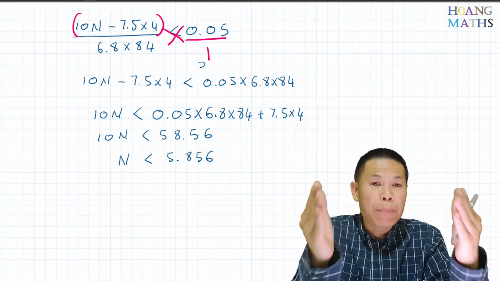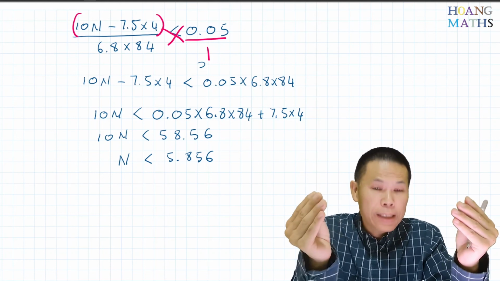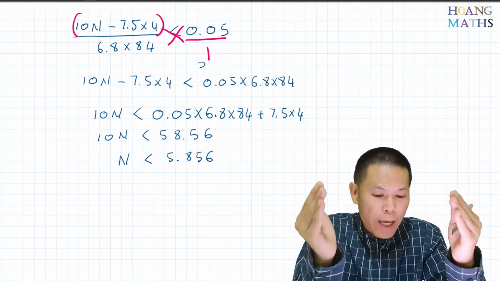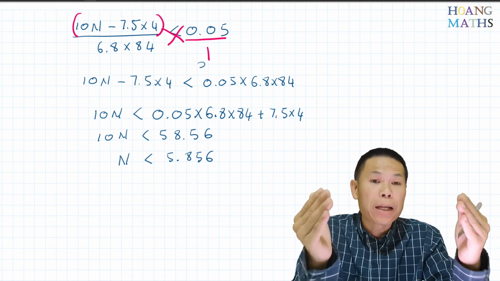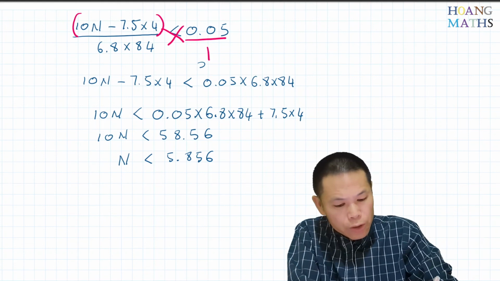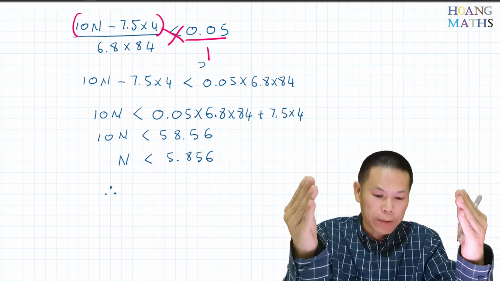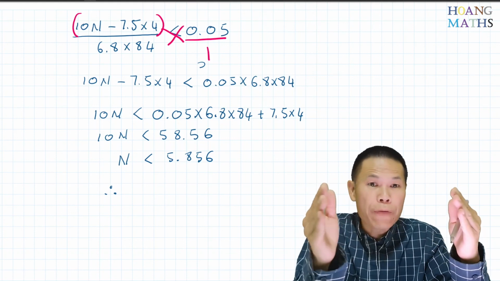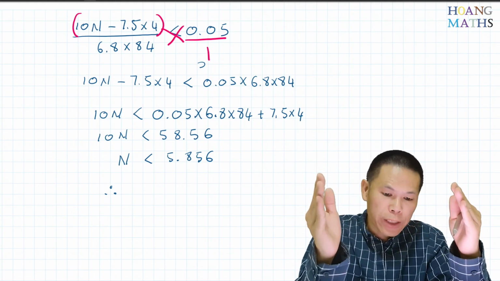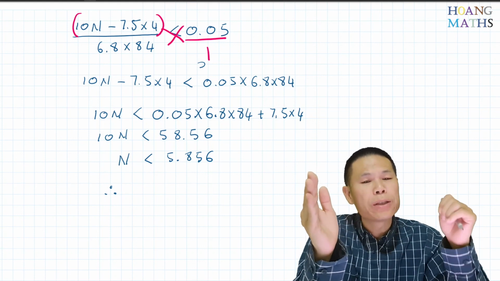So now the number of standard drinks must be less than 5.856. But we're talking about standard drinks, so we just write standard drinks in whole numbers. So therefore, if he drinks 5 standard drinks, his blood alcohol content will be less than 0.05.